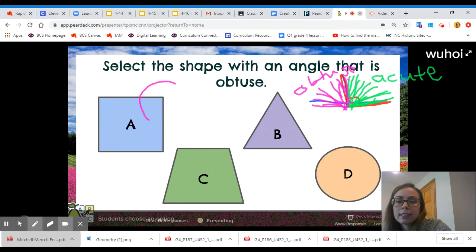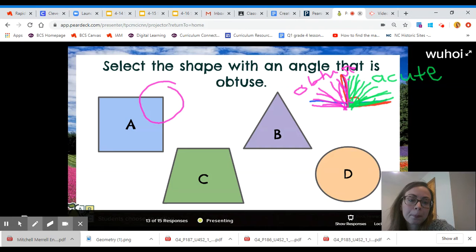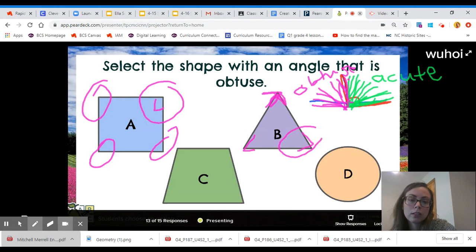So when you look at this, what kind of angle is that? Does it look like a perfect little square in there? That's a right angle, equal to 90 degrees. And so is that, and so is that, and so is that. When you look at this little one right here, does that look larger or smaller than the 90 degrees?